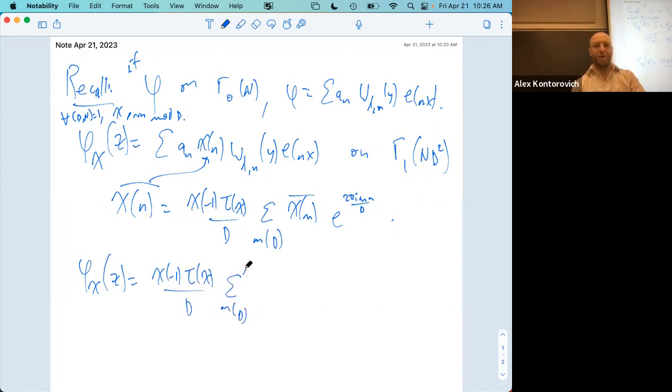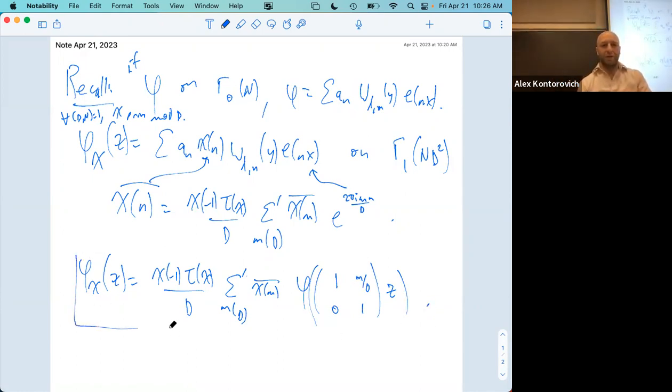Of course, the only m's that occur are the ones coprime to d, chi of m bar. And the only thing that did is it affected the x, and we got just phi of the matrix (1, m over d; 0, 1) instead of (d, m; 0, d). Last time I was trying to keep them integers, but it doesn't matter, acting on z. The action is the same.